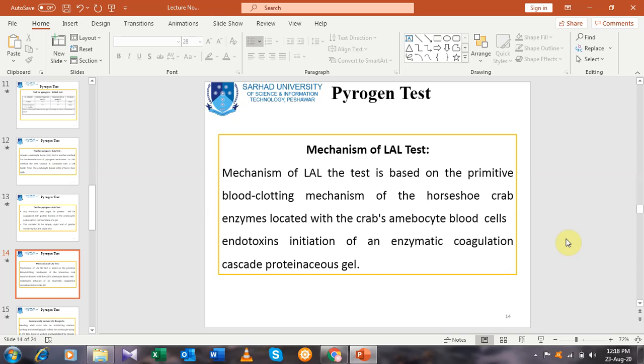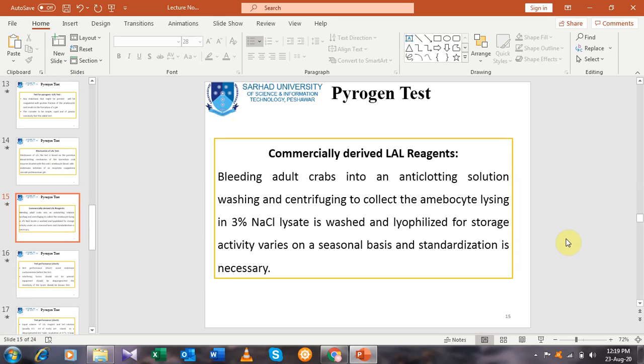That will ultimately result in the proteinaceous gel formation, and this is the indication of the presence of endotoxin in the formulation.